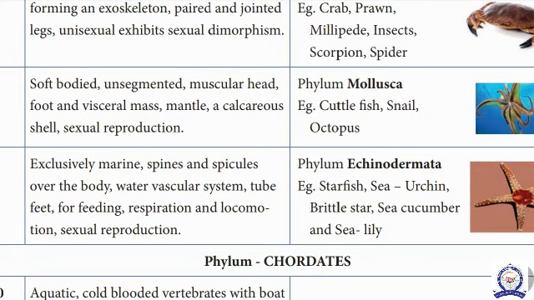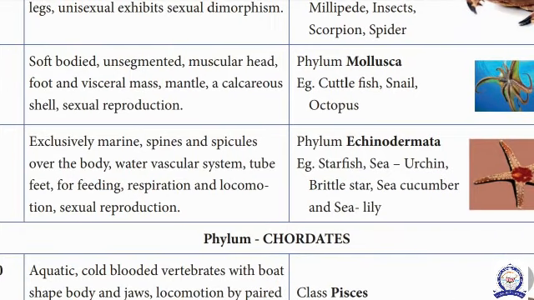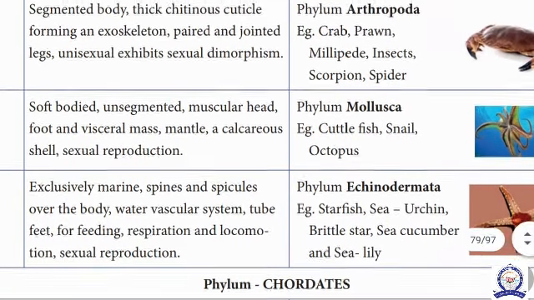The shell is made up of calcium carbonate, so these are called calcareous shells. Sexual reproduction occurs in this group of organisms. Examples: cuttlefish, snail, octopus.